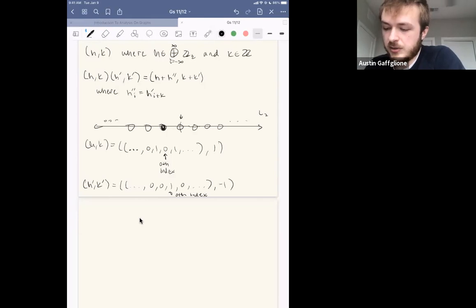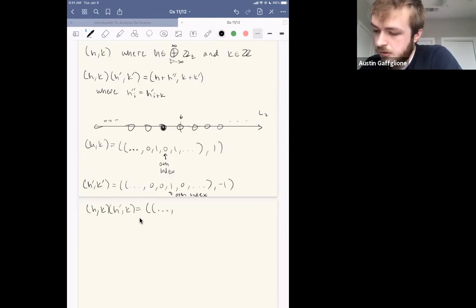So when I multiply the two, I actually get something like this. -1, 0, 0. In this case, there's only one bulb on and it's indexed at -1.